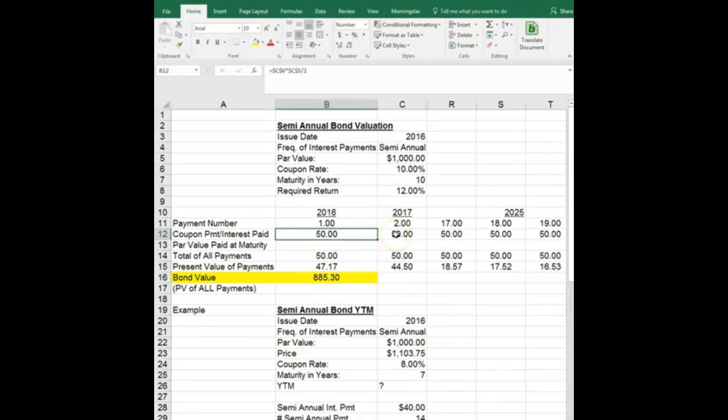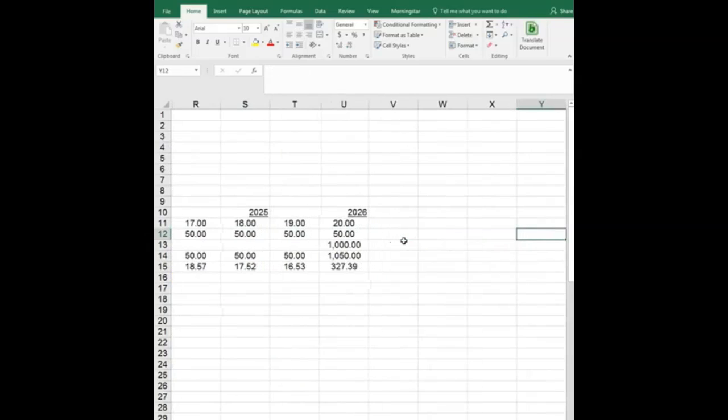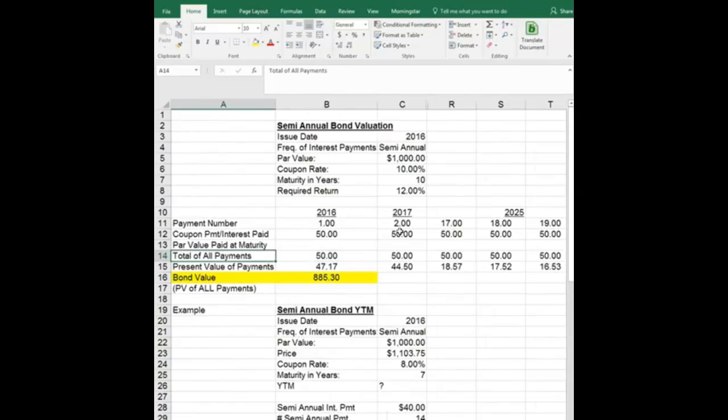And then in another 6 months there'll be another $50 payment, and so forth. So we will have a total of 20 payments of $50 each, and at maturity we receive the par value. So on the 20th payment we will have a total cash flow of $1,050.